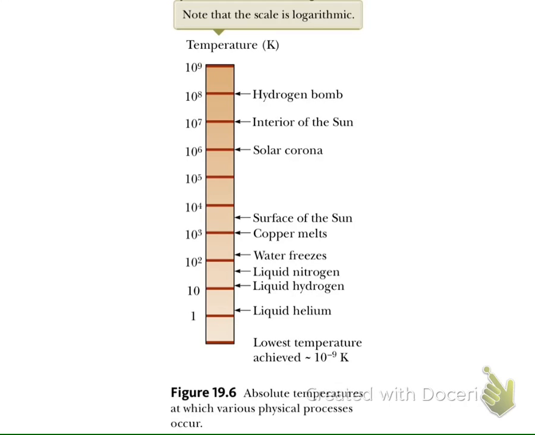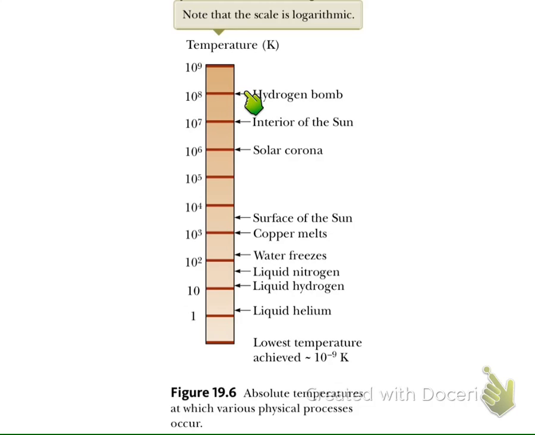This chart represents some examples of the temperature in the Kelvin scale for various physical processes. The highest here is at 10 to the 8 Kelvin.